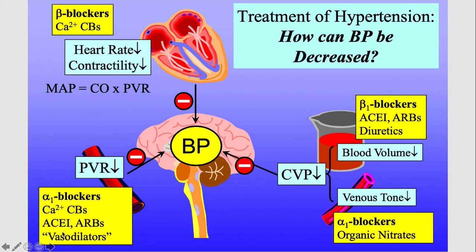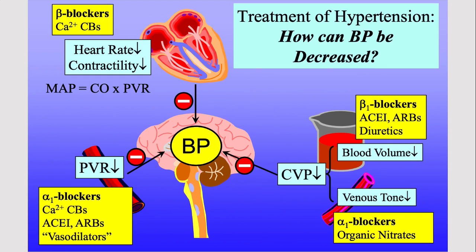We'll use angiotensin converting enzyme inhibitors and angiotensin receptor blockers, which we haven't really talked about much yet, but we will. All of these are considered vasodilators, right? ACEs and ARBs, calcium channel blockers, alpha blockers are vasodilators because they decrease sympathetic vasoconstriction, so they'll vasodilate.